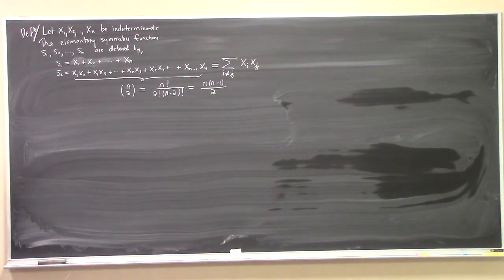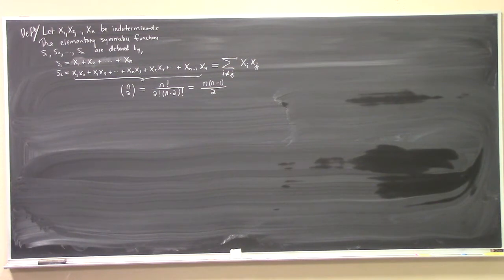It's the binomial coefficient. So when n equals 5, for example, there are 10 of these things added: 1,2; 1,3; 1,4; 1,5; 2,3; 2,4; 2,5; 3,4; 3,5; 4,5.